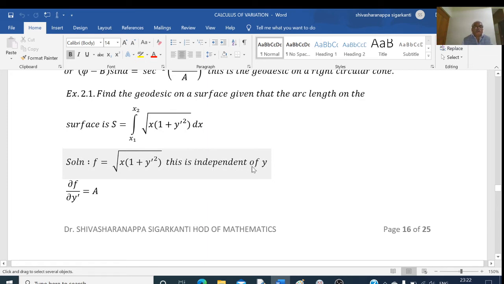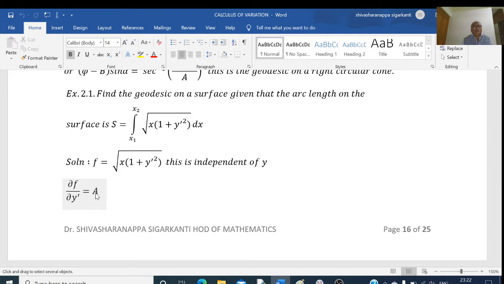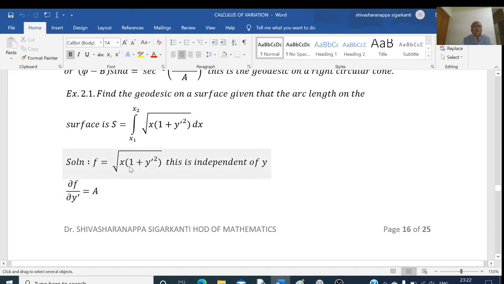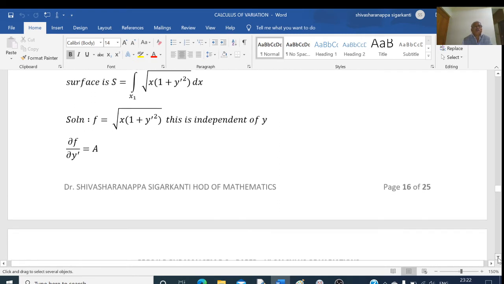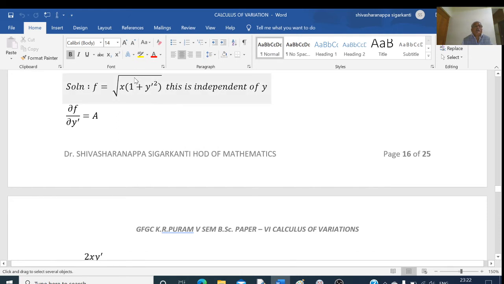If this is independent of y, then dou f by dou y dash is a constant quantity. Just we consider this equation. Then we find out dou f by dou y dash and we put here and solve this equation. So dou f by dou y dash is, first root derivative is 1 by 2 root of x into 1 plus y dash square, into, I have to write the differentiation of this x into y dash. x into 1 derivative is 0, x into y dash square derivative is 2x into y dash in the numerator.